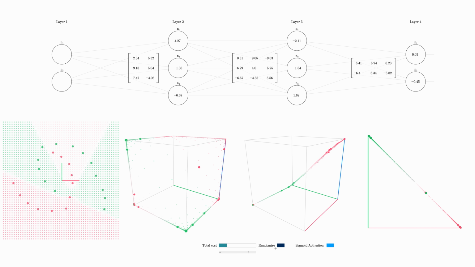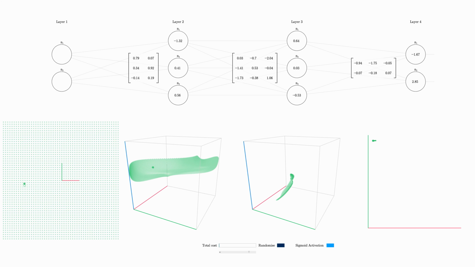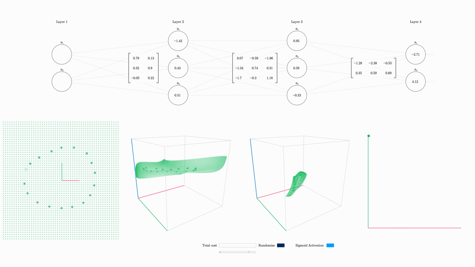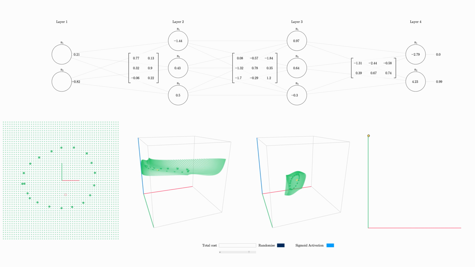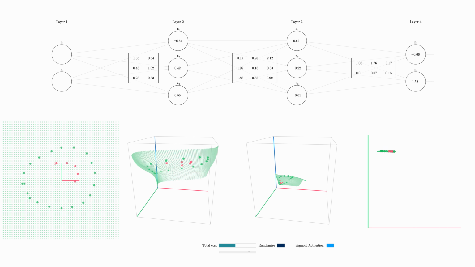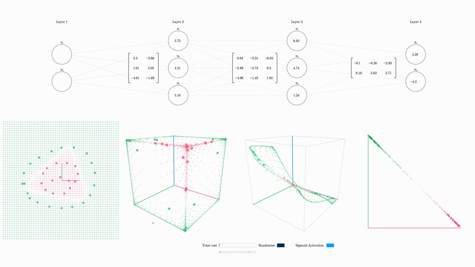Let's try one more configuration of our data points. I will again reset everything, and now I will try to put them in a circular arrangement. Some other classification algorithms would have a big problem classifying this, but not our neural network.